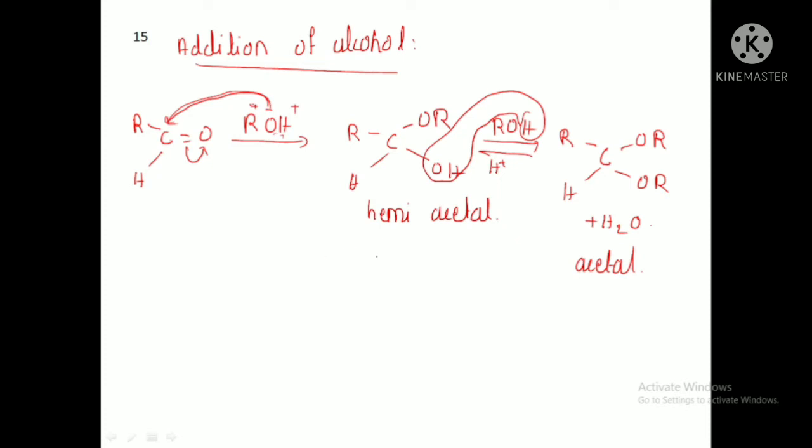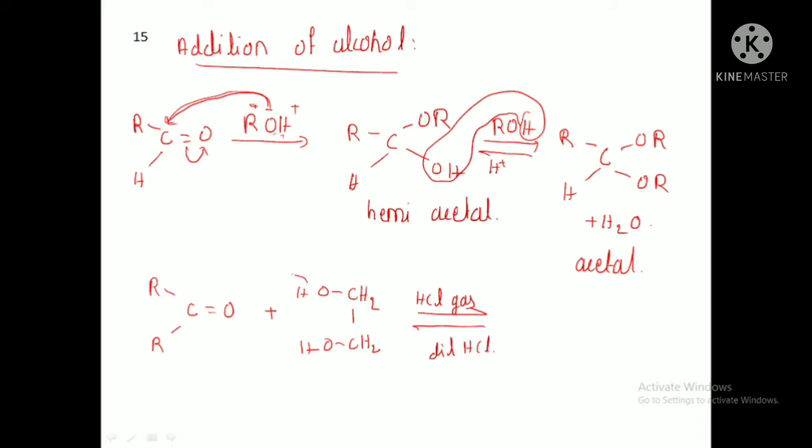Okay. So if I treat any aldehyde or ketone, C double bond O, with ethylene glycol, whose structure is CH2, CH2 with OH and OH, then removal of a water molecule takes place in the presence of HCl gas or dilute HCl.